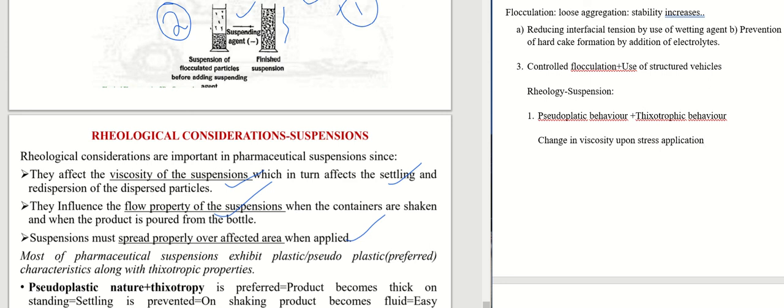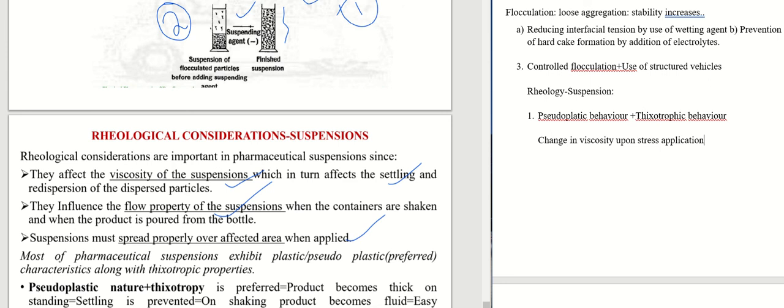For example, if we have a container with a suspension and we keep it aside for some time, it turns out to be very thick in nature. It undergoes sedimentation, and if it is a flocculated suspension, of course, it will undergo slow sedimentation, having a greater sediment volume. And when we shake the container, it will be easily redispersible. All the sediments will be easily redispersible, and the viscous nature of the formulation will be reduced.